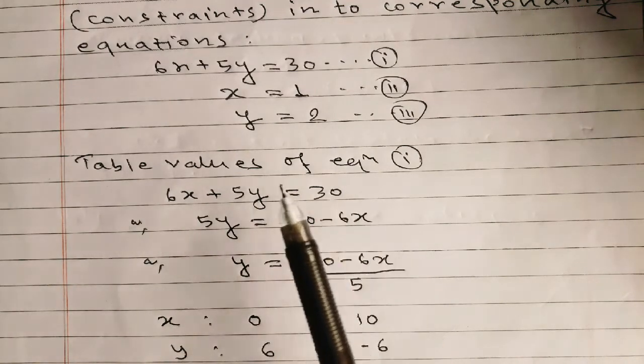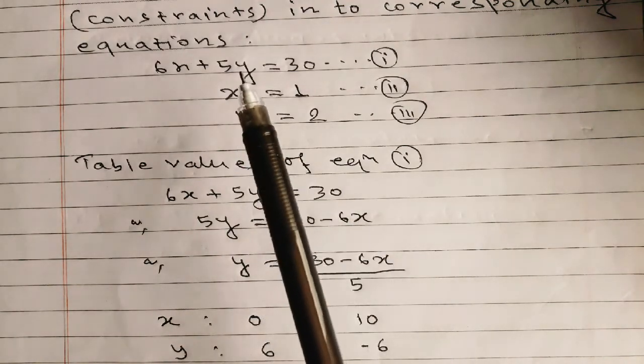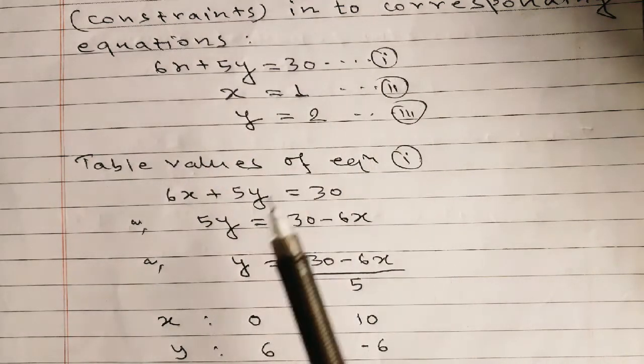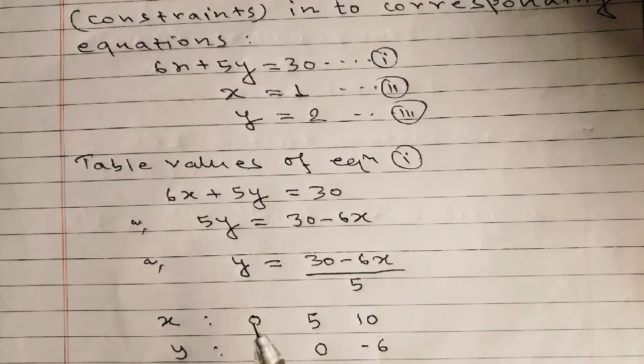At first, we'll plot the table values of the corresponding equation of the first inequality, 6x plus 5y is equal to 30, and already we have got the table values. The x and y values are (0, 6), (5, 0), (10, minus 6). The first point is (0, 6), the second point is (5, 0), and the third point is (10, minus 6).